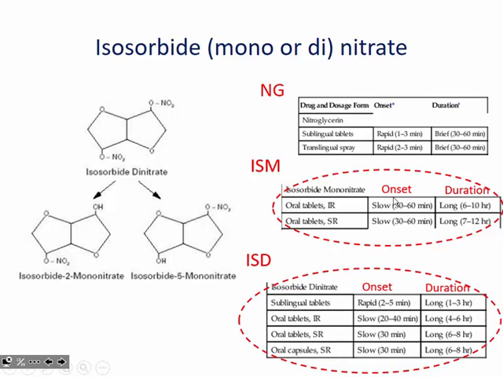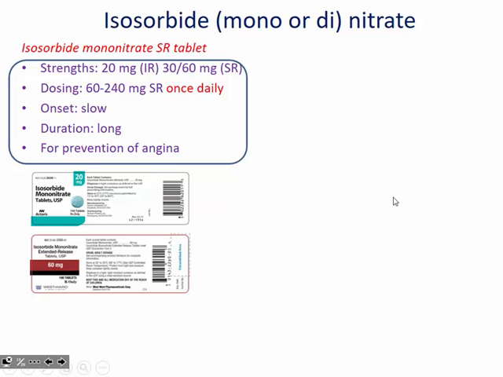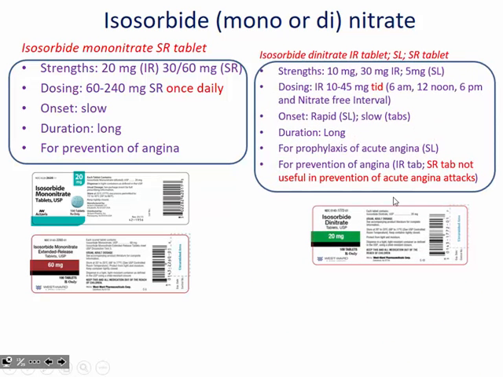Sublingual tablets of isosorbide dinitrate fulfill both these properties: a rapid onset and long duration. Isosorbide mononitrate and dinitrate come in different strengths. The dinitrate has to get metabolized to mononitrate, which is the active form, so it takes some time.